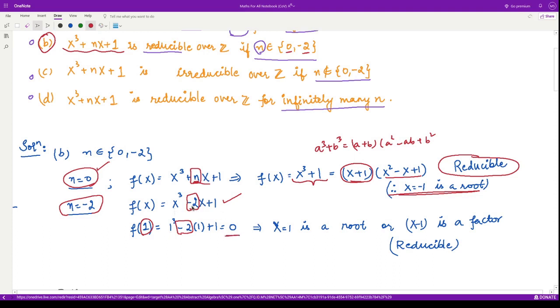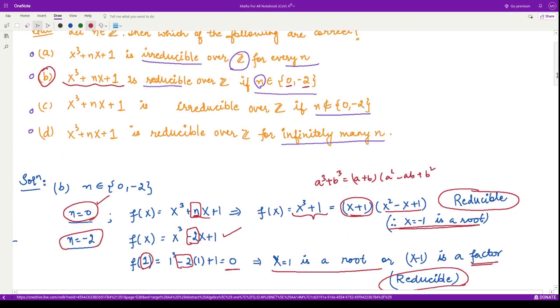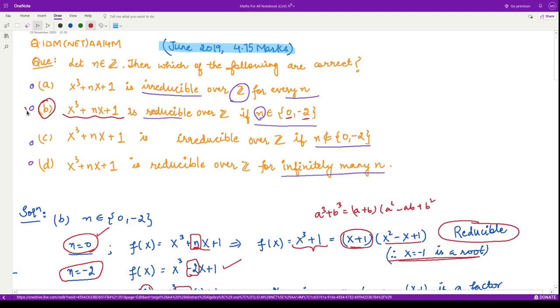So x is equal to 1 is a root for this polynomial when n is equal to minus 2, or in other words we can say x minus 1 is a factor. Therefore by definition this polynomial becomes reducible. Therefore for both these values of n, 0 and minus 2, our polynomial is reducible. Therefore this option is correct. Option B is correct because it is reducible over Z.